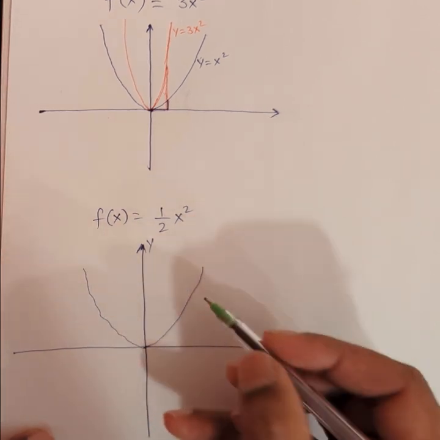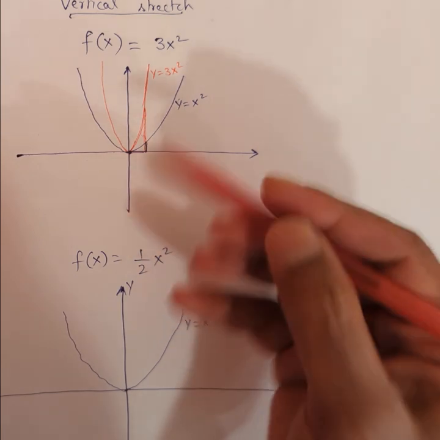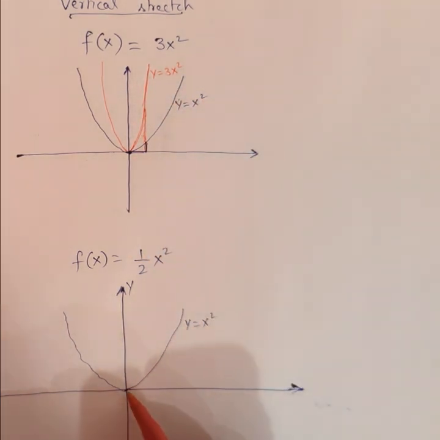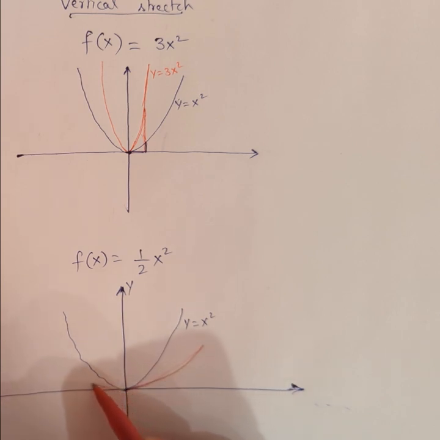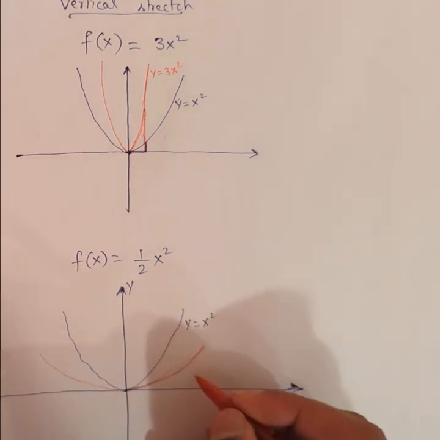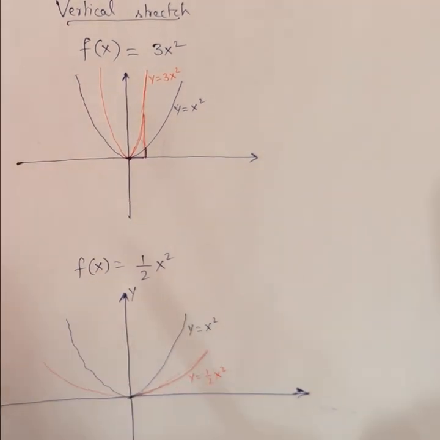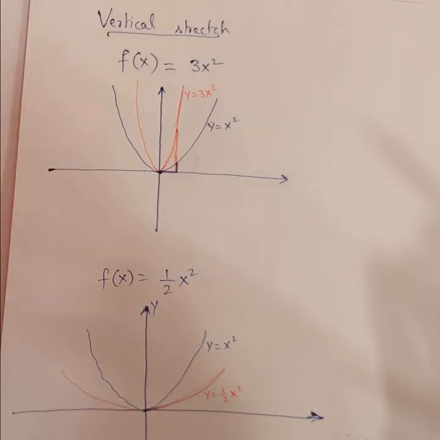This is the graph of y equals x square. Now, y equals 3x square moved closer to the y-axis. This will get flatter. It will move away from the y-axis. So this is the graph of y equals half x square. So that's vertical stretch.